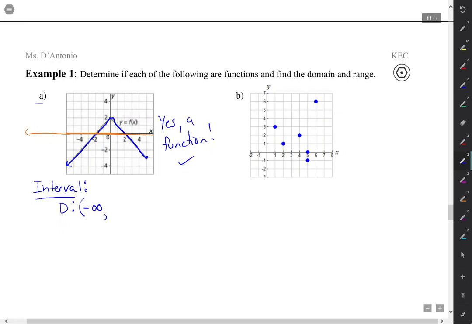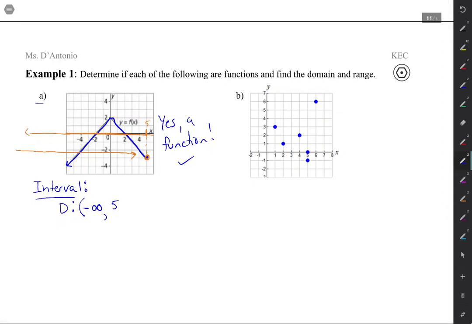So that is the lowest x value that our graph hits. And now let's look at the highest x value that the graph hits. So we're going to follow all of our x values, our eyes looking this way on the graph, and eventually we get to this point right here. Let's see what the highest x value is that this graph hits. It would be right here, which is 5. So the highest x value is 5, and I'm going to put 5 here. Then we need to think, do we use a round bracket or a square bracket?